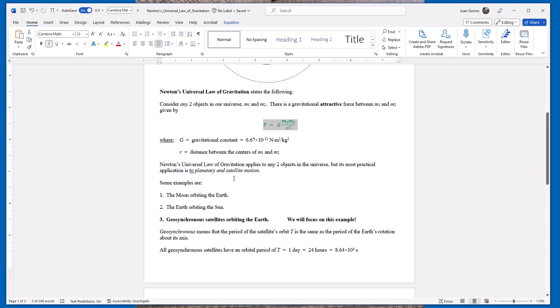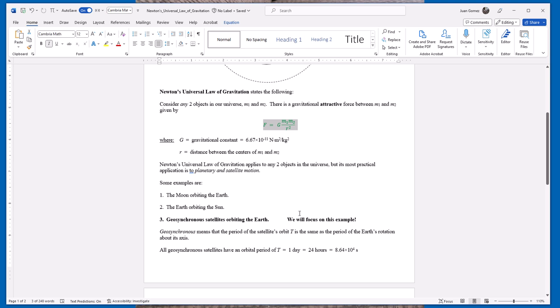For practical things, it's planetary and satellite motion. Some examples are the moon orbiting the Earth, the Earth orbiting the sun, and geosynchronous satellites orbiting the Earth. And that's the example we're going to focus on. It's really one of the most practical applications of Newton's universal law of gravitation.